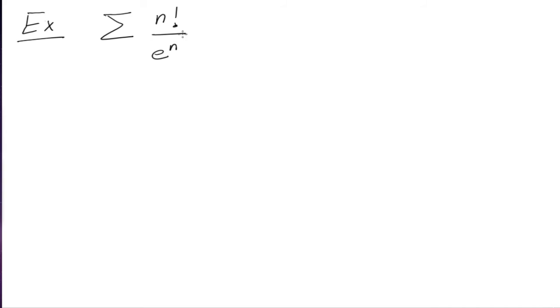So with factorials, we have some difficulty, right? Because we can't get the derivative of it, so it's always difficult to just see it. But luckily the ratio test is very, very good at dealing with factorials. So let's do the ratio test.